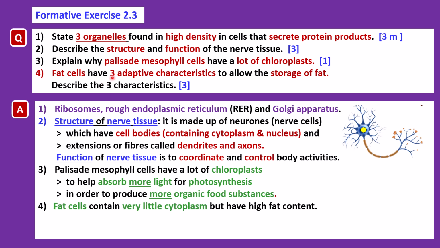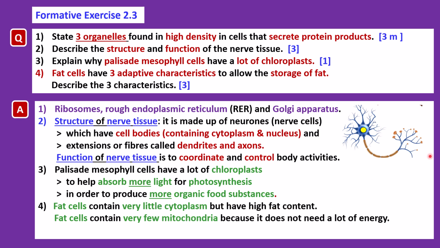Lastly, fat cells have 3 adaptive characteristics to allow the storage of fat. Describe the 3 characteristics. So this is like a hot question. Fat cells contain very little cytoplasm but have high fat content, so the space is used for storing fats. Fat cells contain very few mitochondria because they do not need a lot of energy.